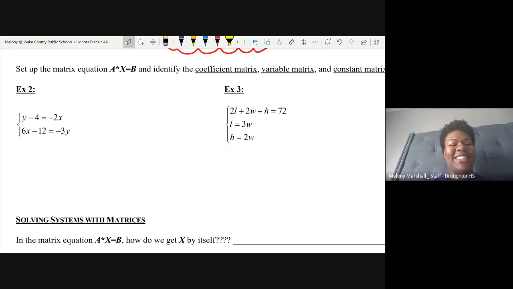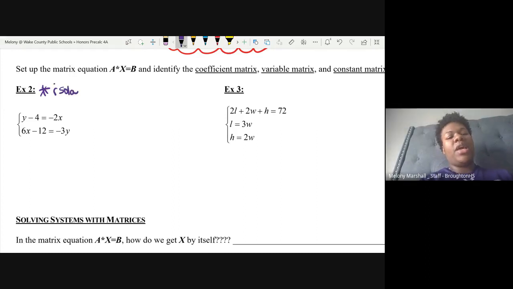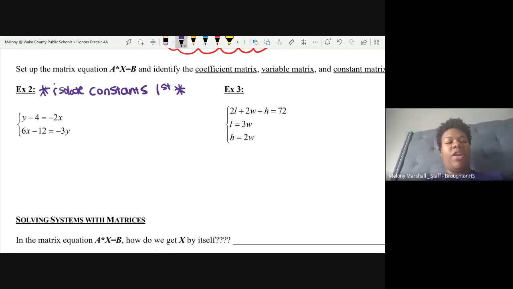All right. So the next example. Before we start, you must isolate the constants first. Or, in other words, get the variables all together and the non-variable numbers all together. So what does that mean? Let me show you. I always do x, y, alphabetical order.